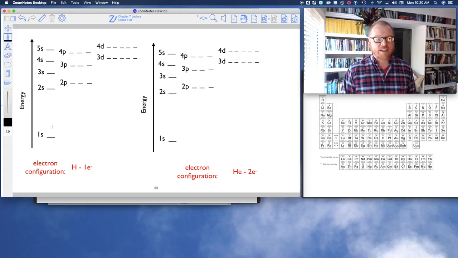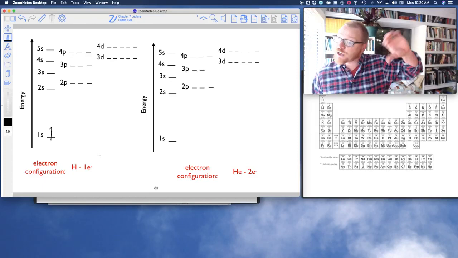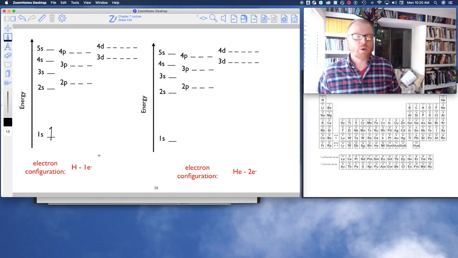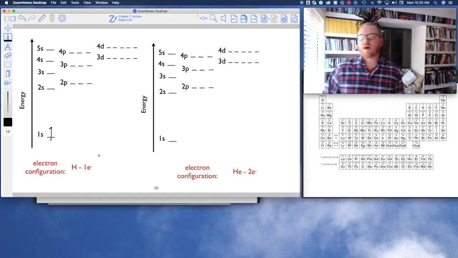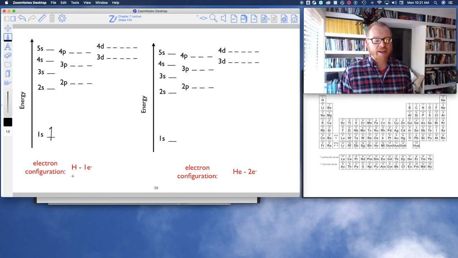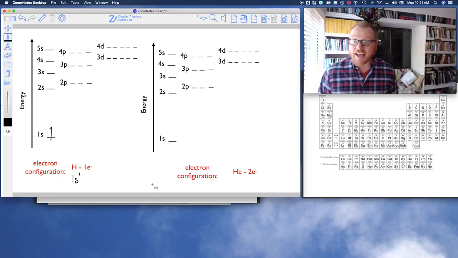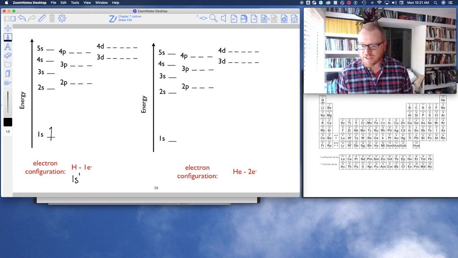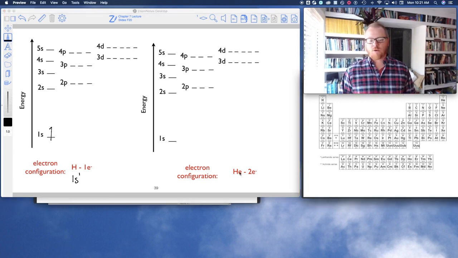Okay, and I put that electron into this orbital by drawing an arrow pointing up. I could have drawn an arrow pointing down. Remember, that's plus 1/2, minus 1/2. We don't know which one it is, okay? But because there's only one in there, that's the only one that I put in. And then based on this, my electron configuration, I write it as 1s1. So 1s1 is the address of hydrogen on the periodic table, okay? 1s1, there it is, all right?